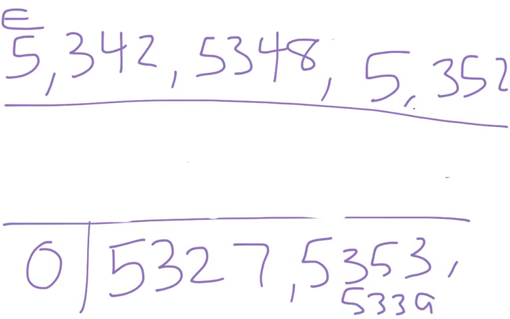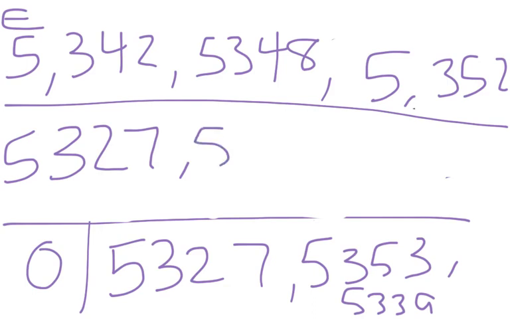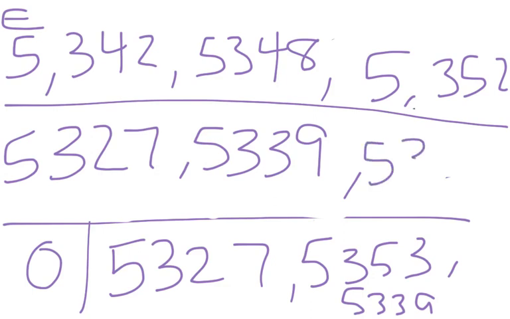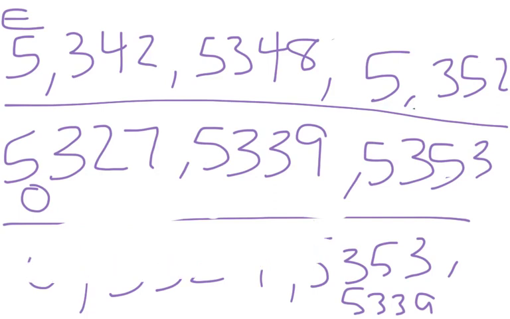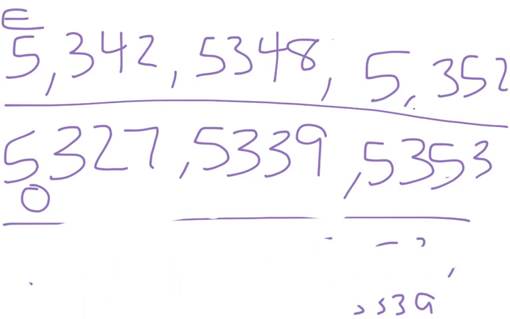No. So now we have to go, unfortunately, to the tens place. And we have a 2, a 5, and a 3. So automatically, we can go ahead and put the 2 first, which is 5,327. Then we got to put the 3, 5,339. And then we have 5,353. And this is the odds ordered from least to greatest and evens and odds. So that's a big process, guys, but I know you are so capable of doing that.